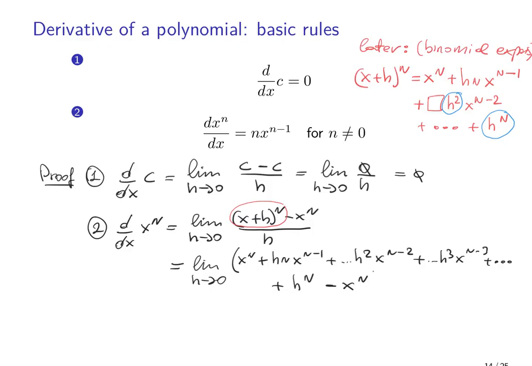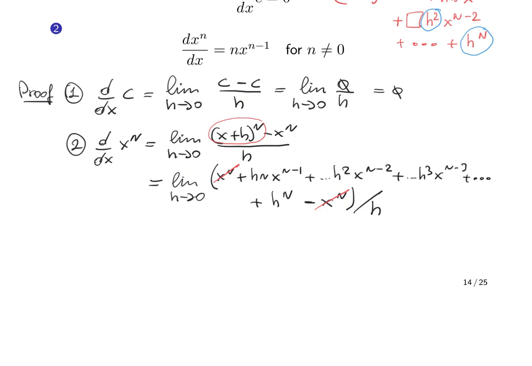And all of that now you have to divide by h. Now there's a whole bunch of things that are going to cancel, and then also a bunch of things that are going to go to 0. Actually, the thing that cancels is x to the power n here and x to the power n here. All right, so what does that leave us with?